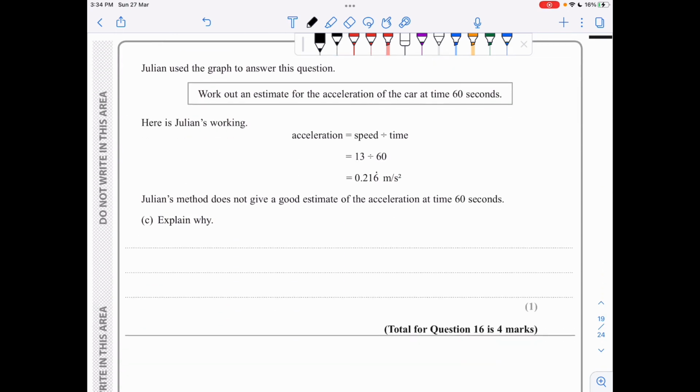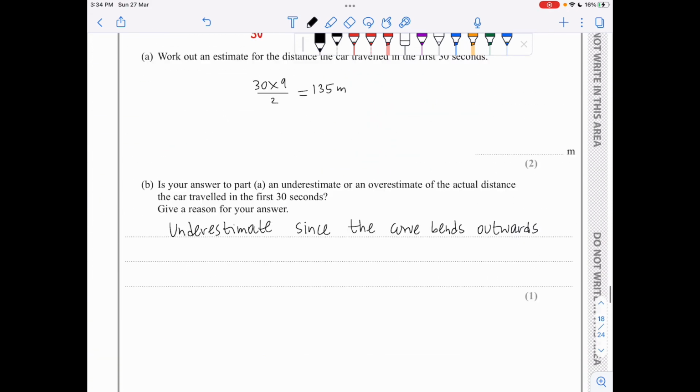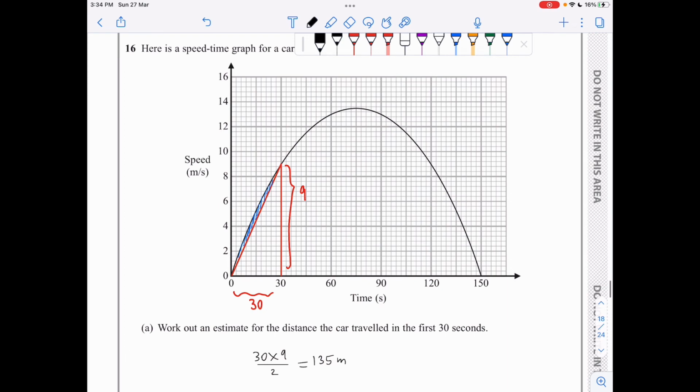And then Julian used the graph to answer this question: work out an estimate for the acceleration of the car at time 60 seconds. Here is Julian's working. He did speed over time, 13 over 60. So let's go back to the graph. We want to find the acceleration at t is 60. In a speed time graph, it's the gradient of the graph.